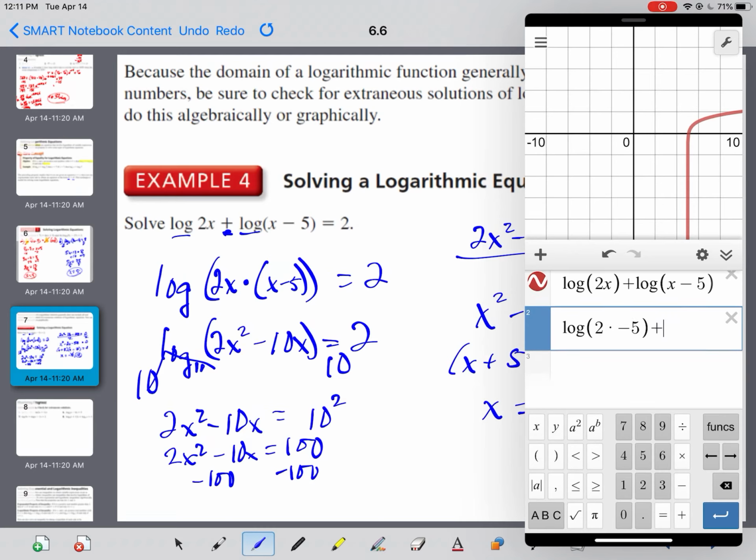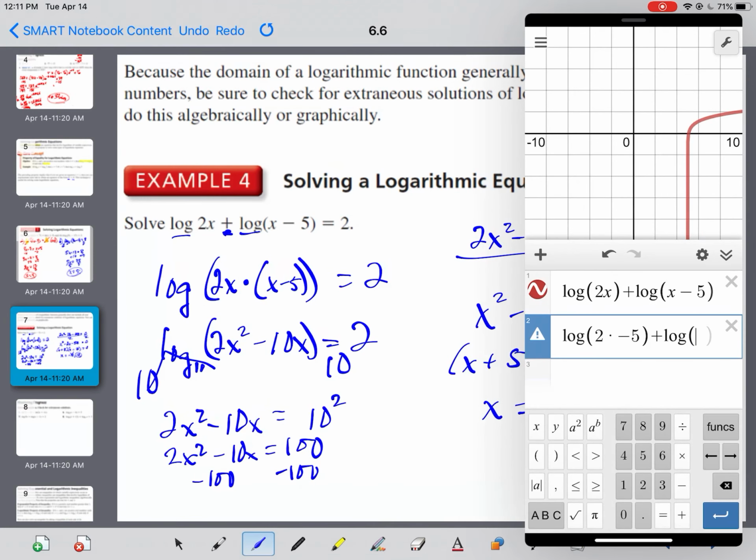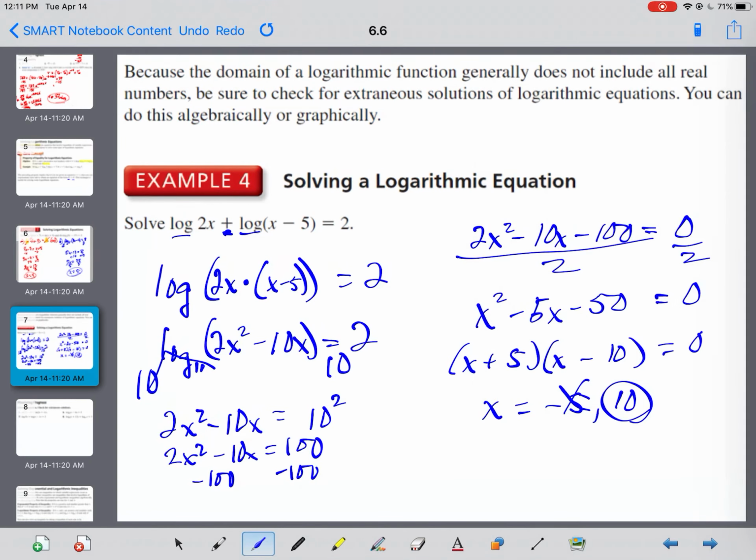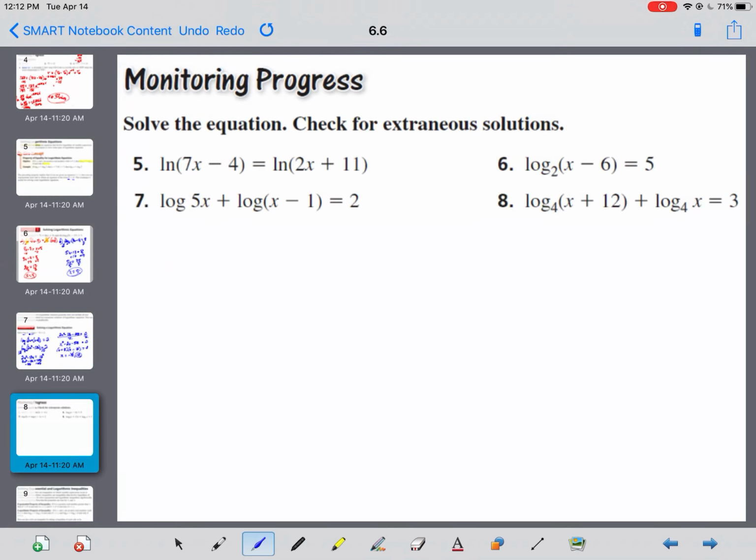So let's do log of 2 times negative 5, close, plus log of negative 5 minus 5, close, close. See, it's undefined. Now, if we go back and put in the 10, we get a 2. 10 works, negative 5 doesn't.